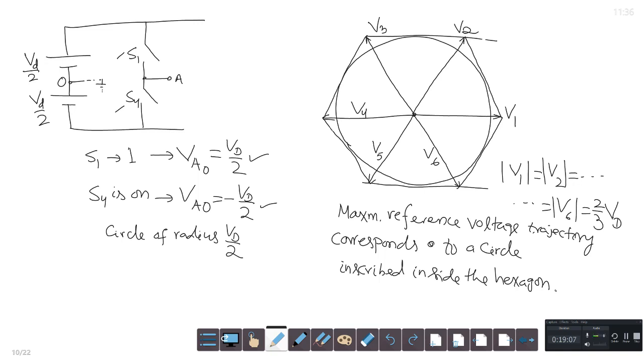This is the circle that corresponds to maximum utilization of the DC bus.